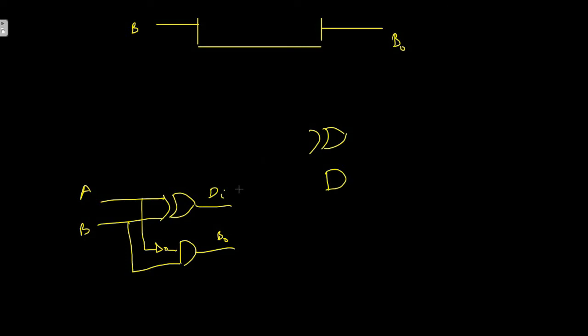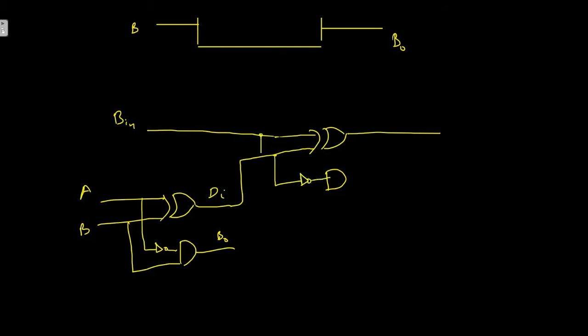The output of the first subtractor is given to the input of the second subtractor, and there is a borrow input. Now again this is given to this one and this is given to here. So we get borrow output. So this is a full subtractor. So the full subtractor consists of two half subtractors and an OR gate.